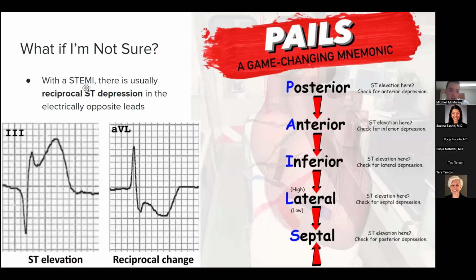So frequently, if people have ST elevations and it's concerning for a heart attack and poor blood flow to a specific part of the heart, you're going to have reciprocal depressions, which also indicate poor blood flow to the opposite vector. So in this example, you're taking the baseline from the P wave here, and you go up, up, up, up.